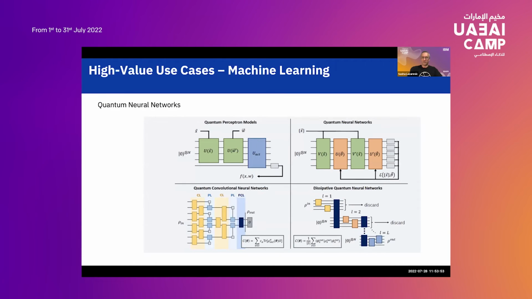Talking about that, there is a lot of work being done on the level of quantum neural networks, different ideas, different models. So if you want to know more details, if you want to develop in this field, there is a lot of research being done currently.